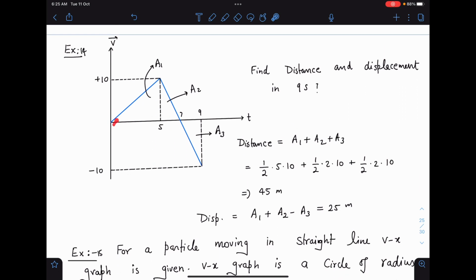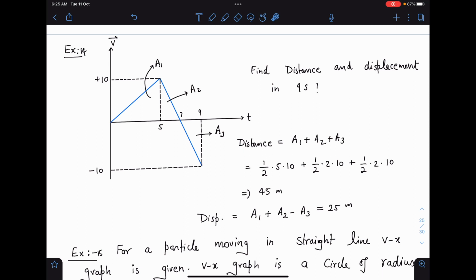One VT graph is given. Find the distance and displacement in 9 seconds. You can check here. By seeing the graph, this is 2 unit and this is 2 unit, and plus 10 to minus 10. If this area is A1, this area is A2, this area will be minus A2 actually. Yes or no?